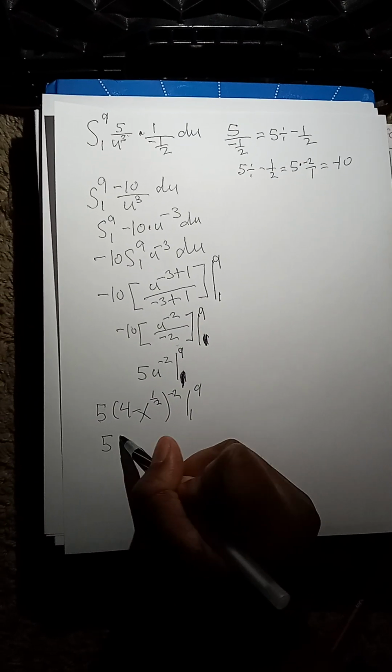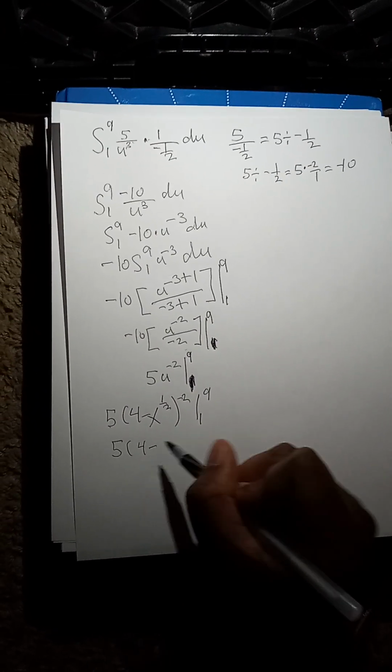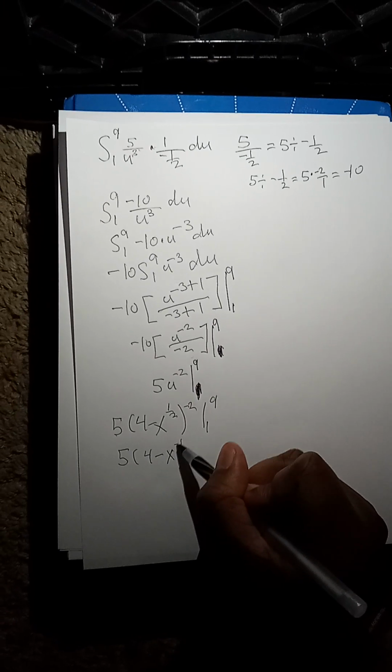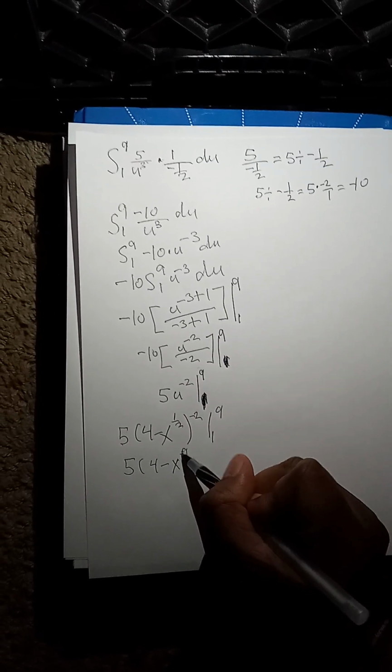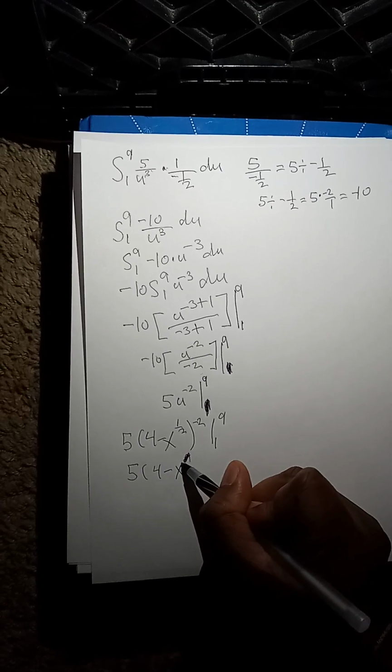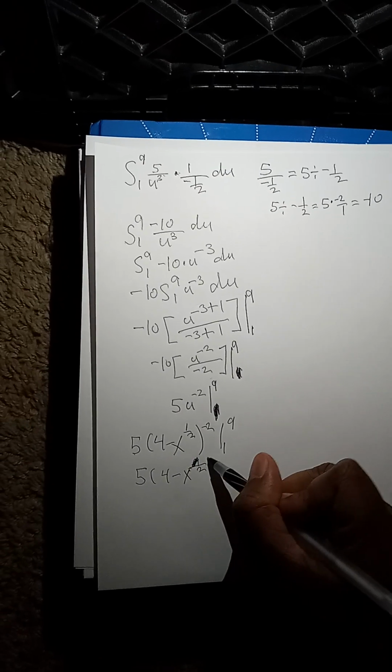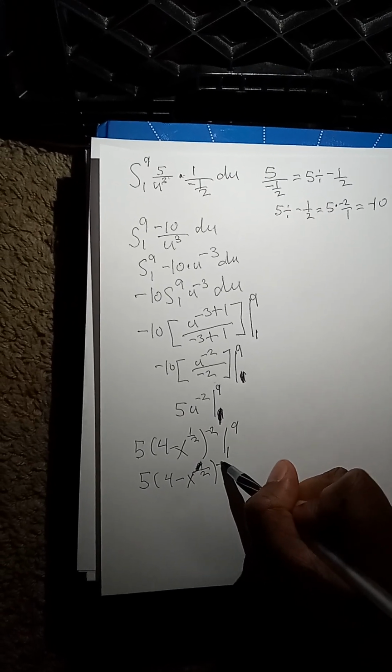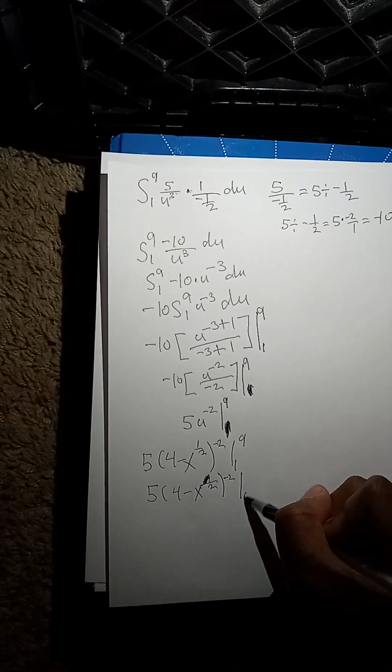So 5 times 4 minus x to the 1/2, and then to the negative second from 1 to 9.